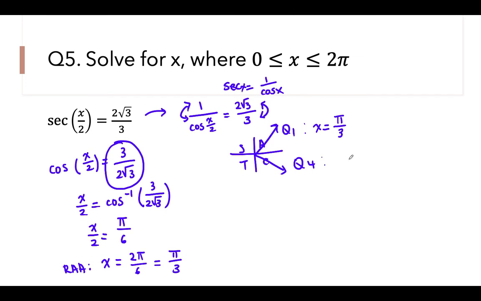In quadrant 4, we're going to do 2 pi minus my related acute, which, with the same denominator, is 6 pi over 3 minus pi over 3. So it's going to be 5 pi over 3, and that will give you your final answer.